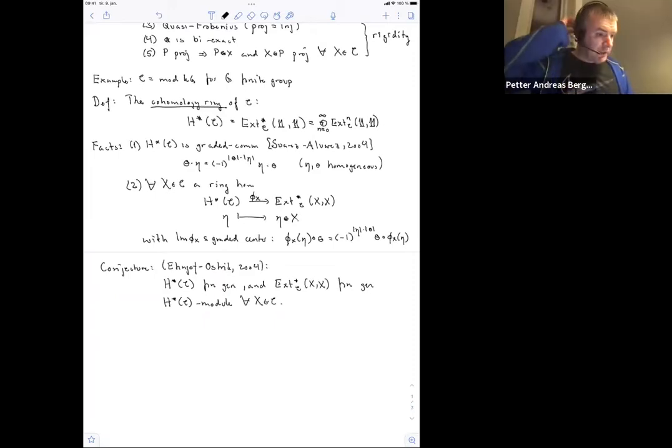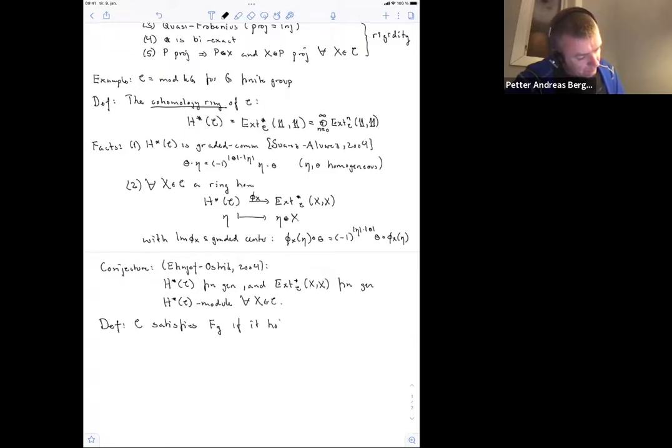So this has been conjectured to hold, and if it does hold, then we say that C satisfies FG, for finitely generated cohomology.